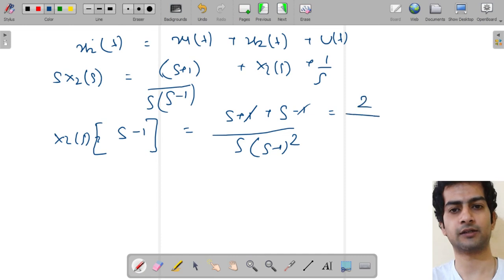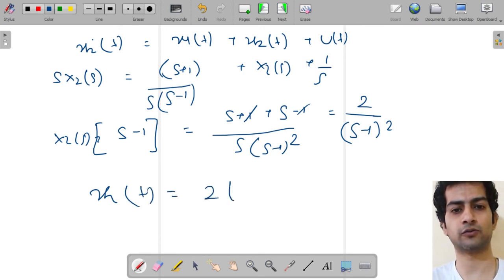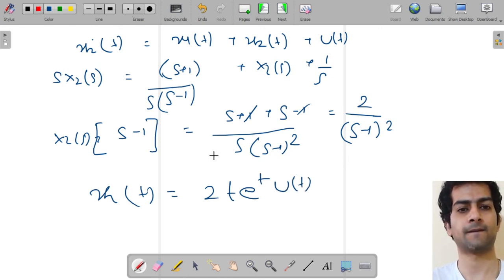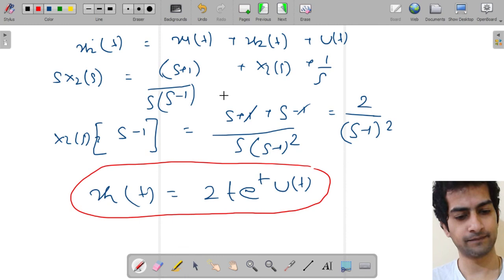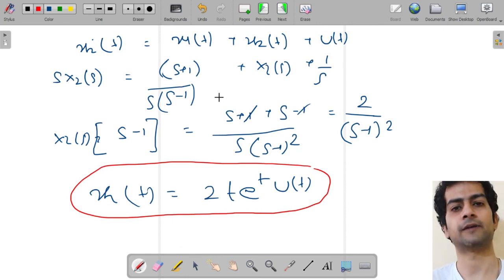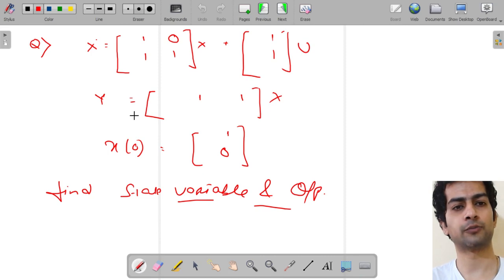So we will get 2 by (s minus 1) whole square. So we will get x2(t) is equal to 2t e to the power t u(t). This we are getting as x2(t).